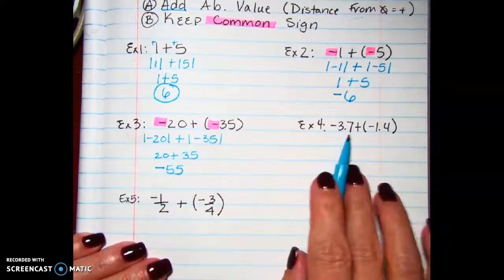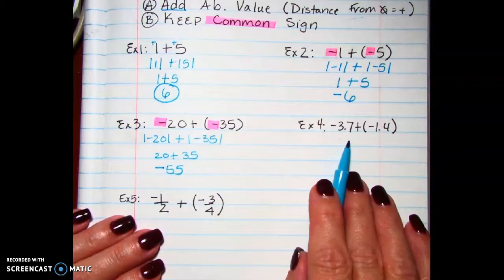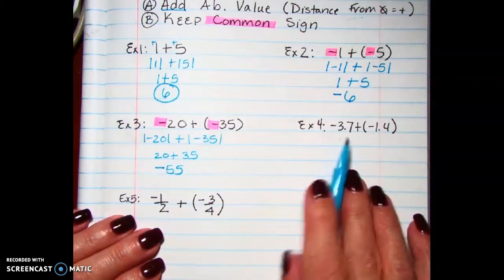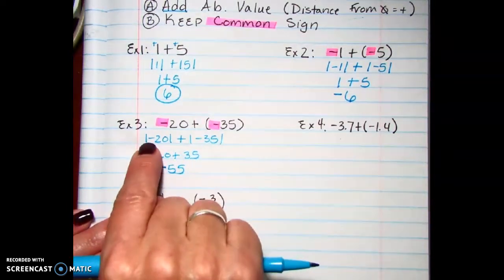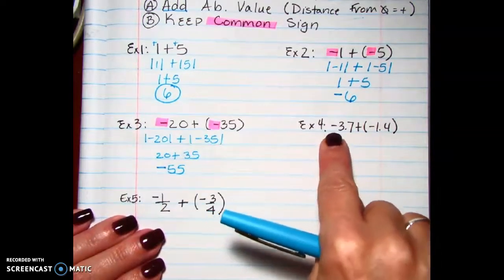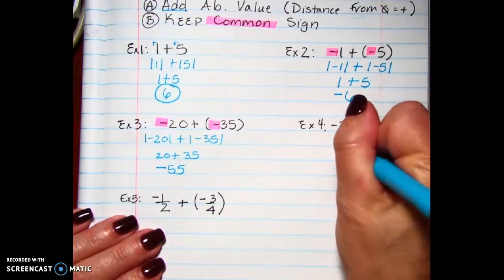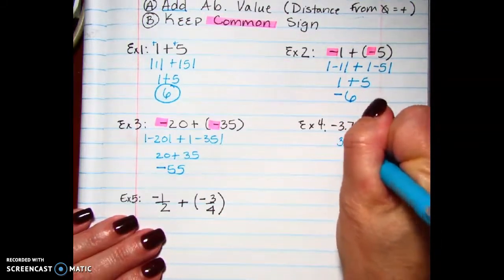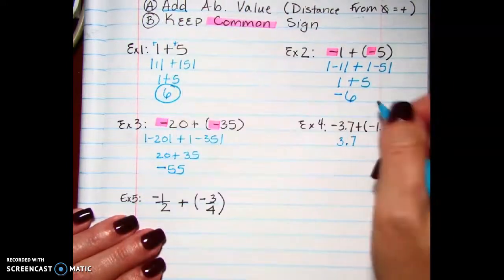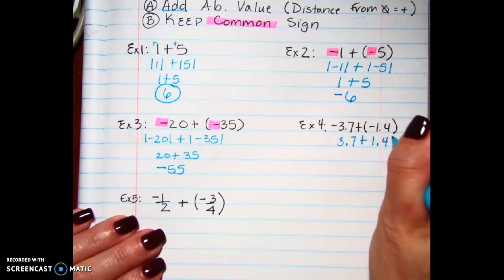Now here we have rational numbers. These are the decimals. It's the same thing. Now I can do this work. See how I wrote down the absolute value? I can do that mentally, and I can say to myself the absolute value of a -3 7/10 is 3 7/10, and I add the absolute value of 1 4/10.